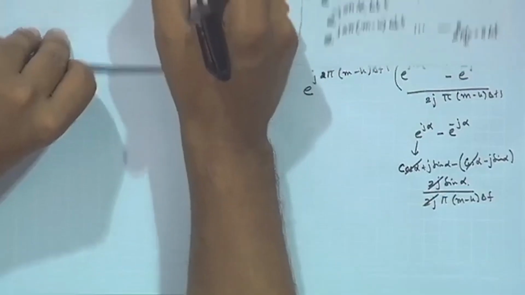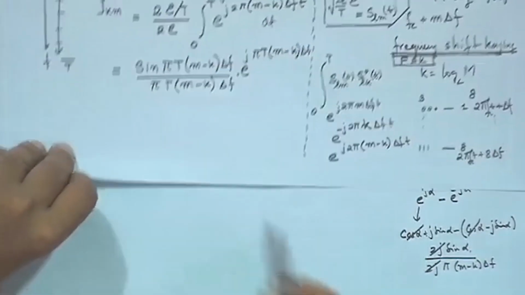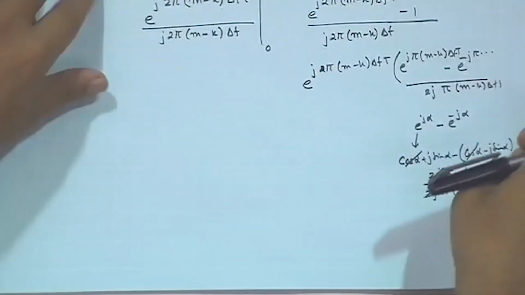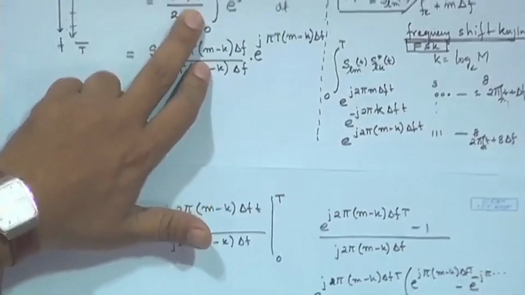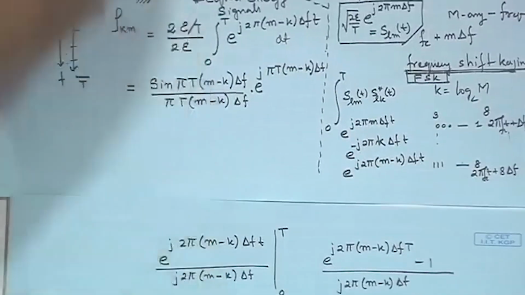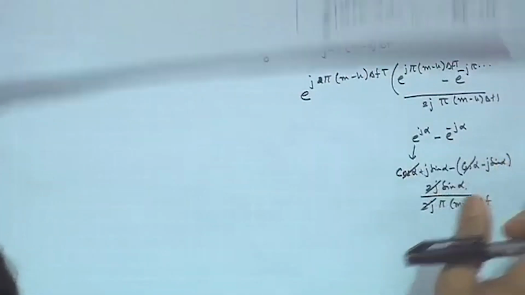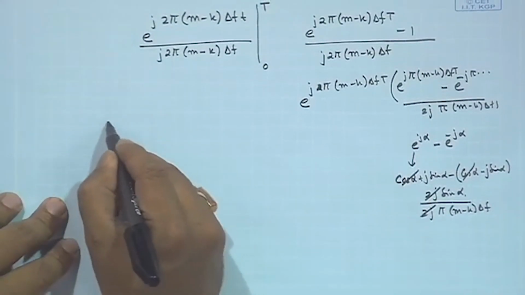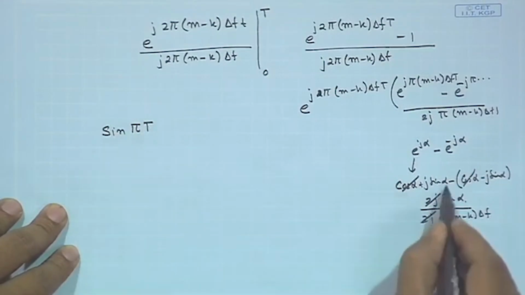So, this T that is present in the numerator comes down in the denominator, and the expression you would land up with would be sin of pi T (m minus k) delta f. So, we are getting alpha.